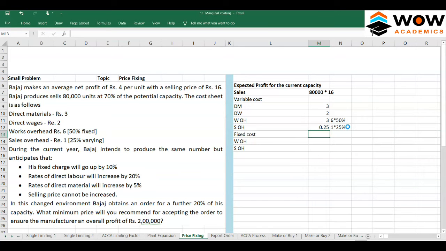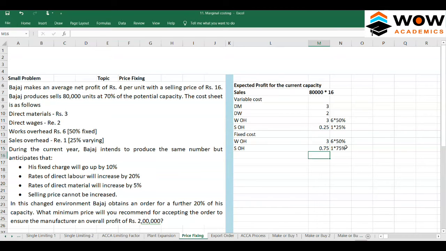So currently these are the costs, and these costs are going to increase. First we'll find out the numbers as they are, then we'll increase them. Again, works cost is 50% fixed, and sales overhead is 75% fixed, so it is 0.75.